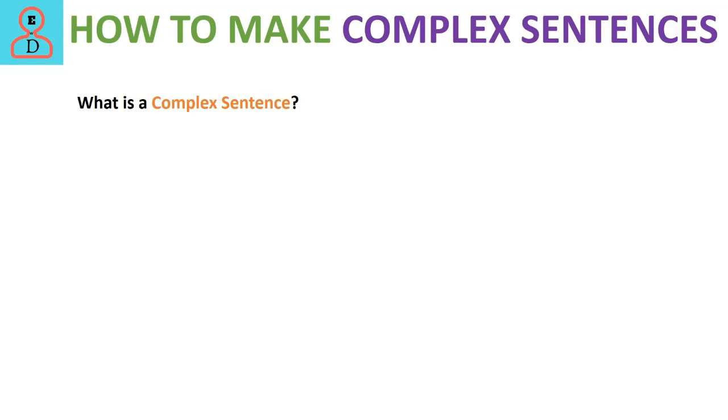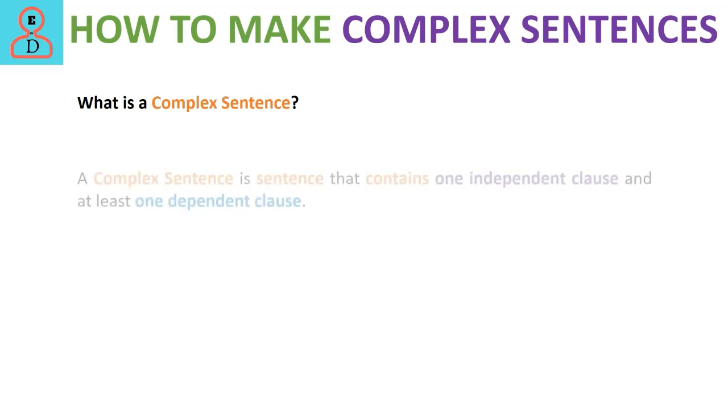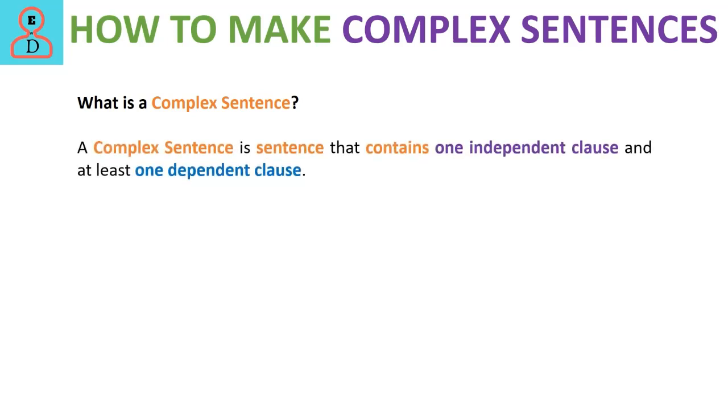First, what is a complex sentence? A complex sentence is composed of two parts, one independent and one dependent. See the example here.